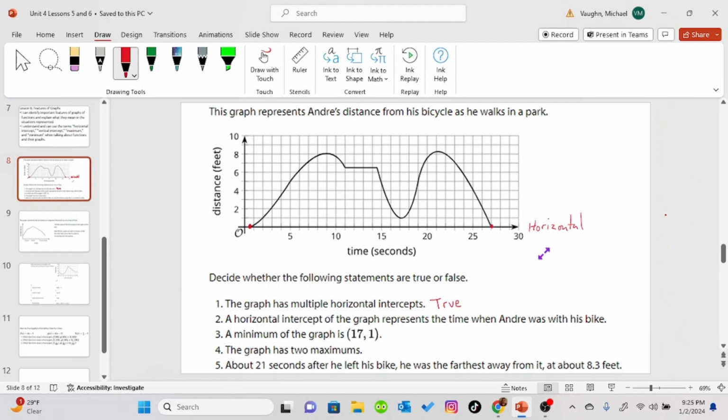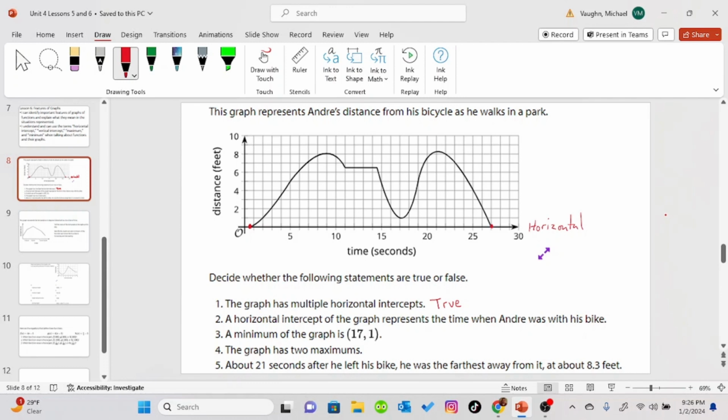Number 2, a horizontal intercept of the graph represents the time when Andre was with his bike. If you notice, it says this graph represents Andre's distance from his bicycle as he walks in a park. And we see that time is the horizontal axis, and distance is the vertical axis.